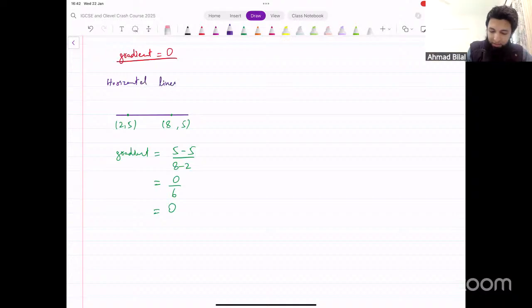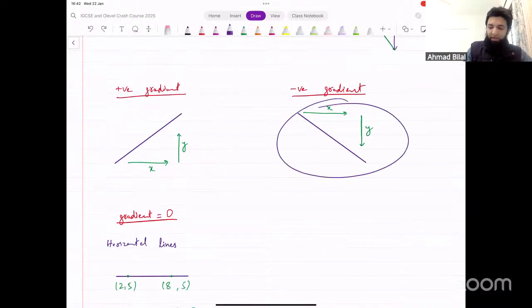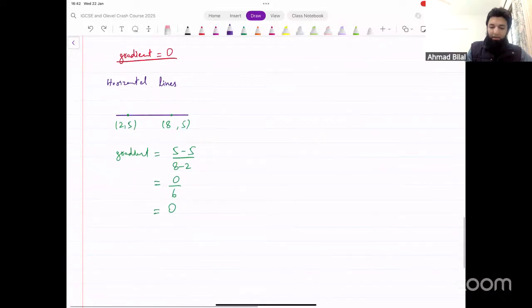So this was the positive gradient case, this was the negative gradient case, and this is where the gradient is 0 because it's a horizontal line.